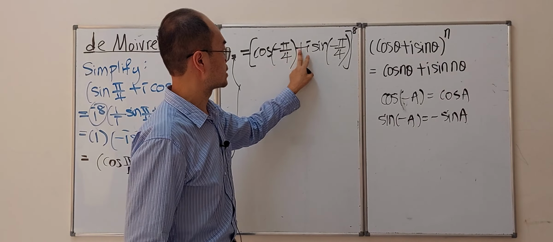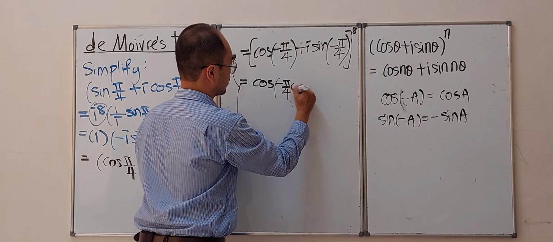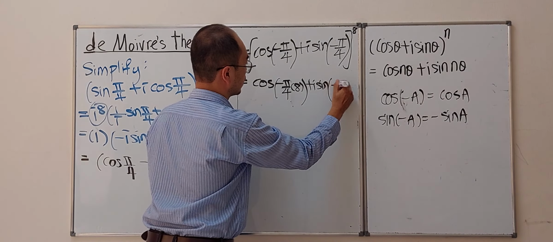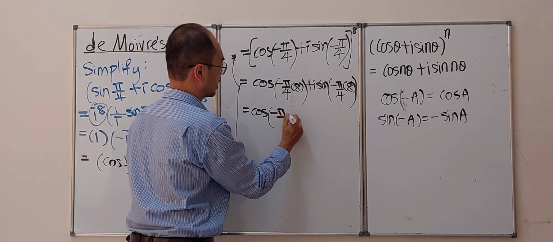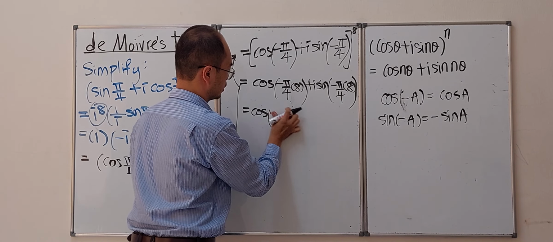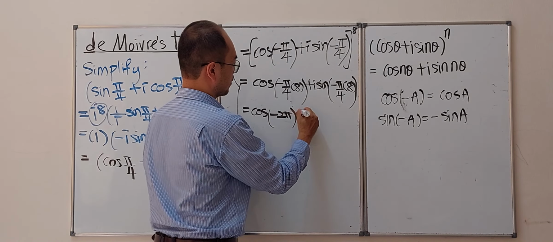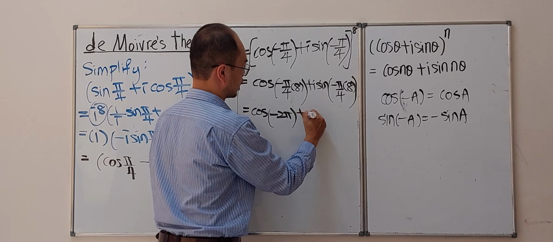So apply De Moivre's theorem. You will get cos of 8 multiplied by negative pi over 4, plus I sine of negative pi over 4 multiplied by 8. So then I have cos negative 2 pi plus I sine negative 2 pi.